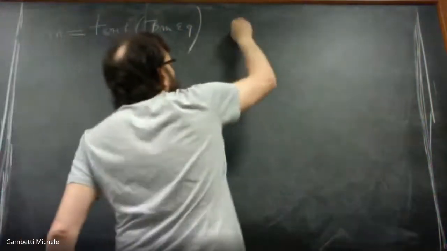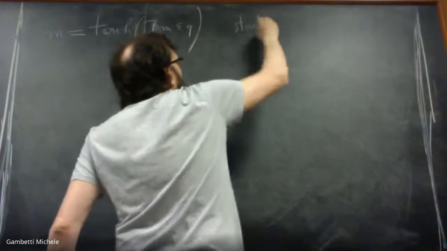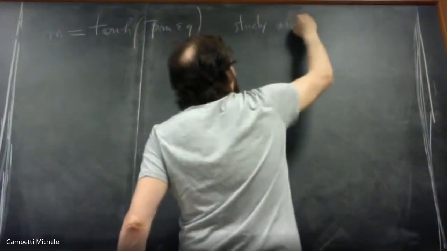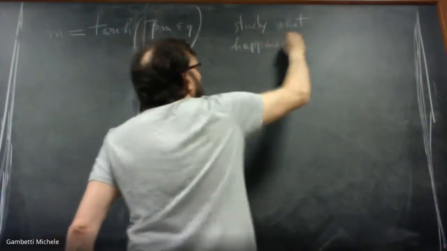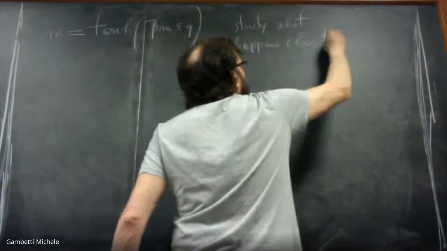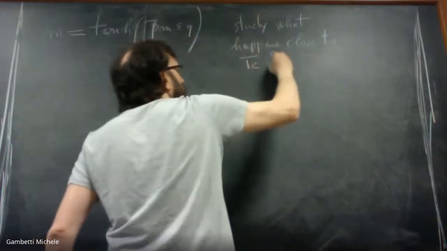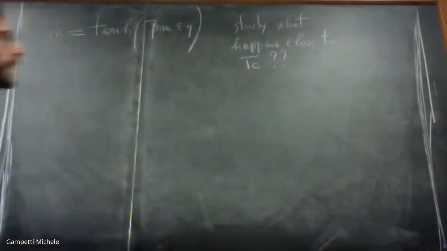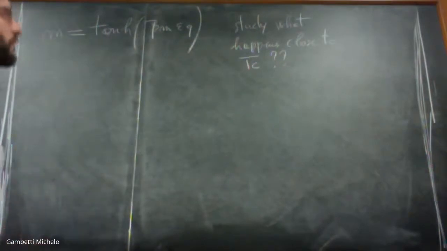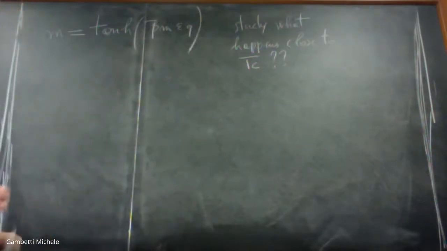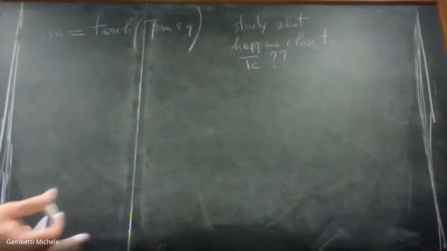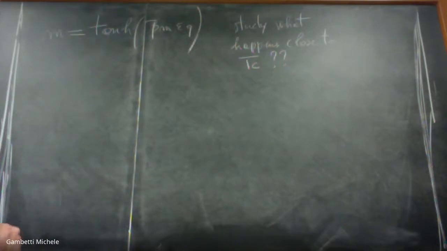Now, what I want to do is to study what happens close to Tc. Qualitatively, we are already seeing that there appears a new solution, in which m is different from 0.